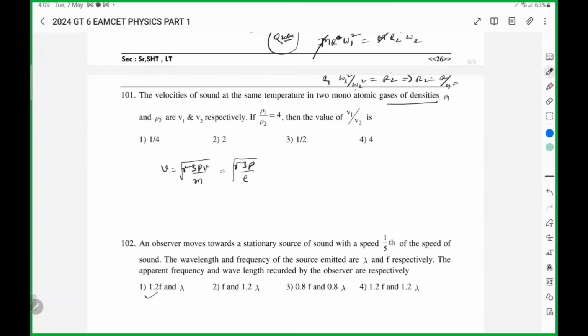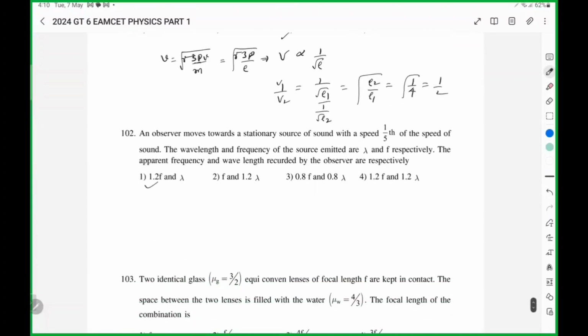Let us take both as monoatomic, so there is no role for gamma. It is proportional to only 1 by root of density. So V1 by V2 is root of rho2 by rho1, which is 1 by 4, so 1 by 2.